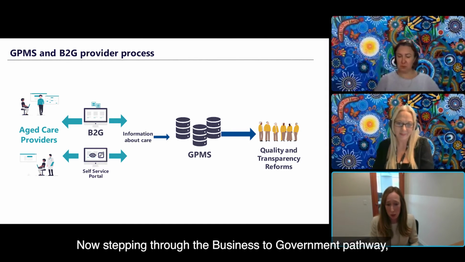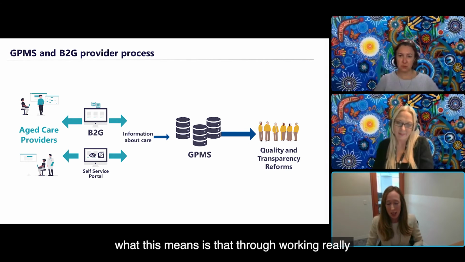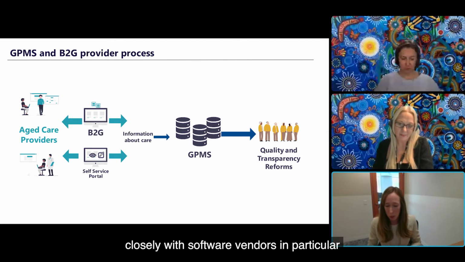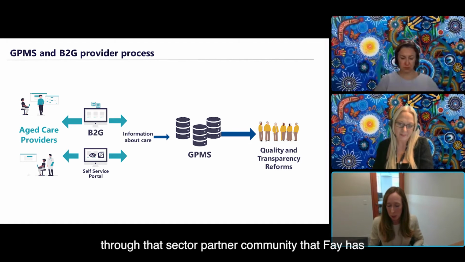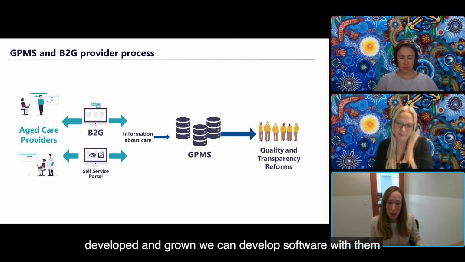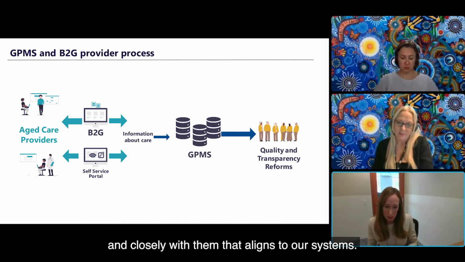Now, stepping through the business to government pathway, what this means is that through working really closely with software vendors, in particular through that sector partner community that Faye has developed and grown, we can develop software with them and closely with them that aligns to our systems.